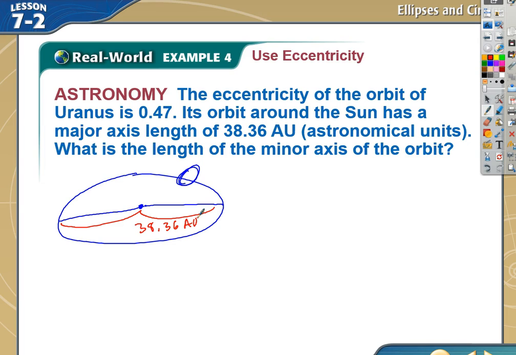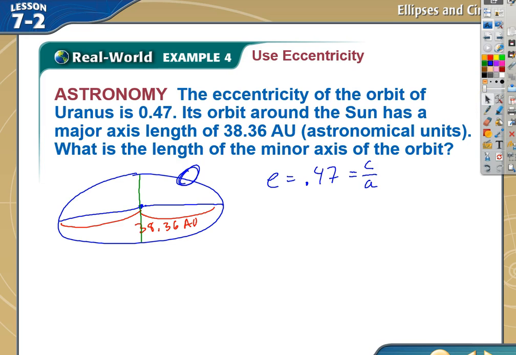What is the length of the minor axis of the orbit? So it's wanting to find out this. That's the question mark. Well, let's find out how we can figure this out. They give us a little bit of clues, though. They say that E is equal to 0.47. What did we just get done talking about? E is equal to C over A. So if E is equal to C over A, well, do I know C or A?